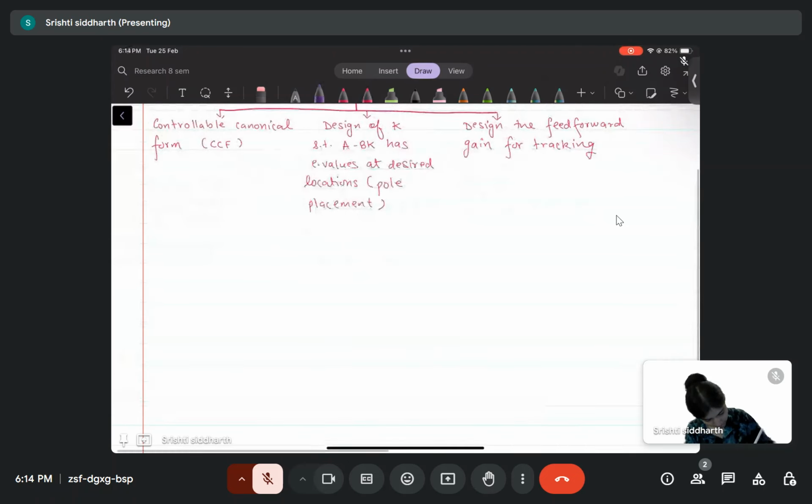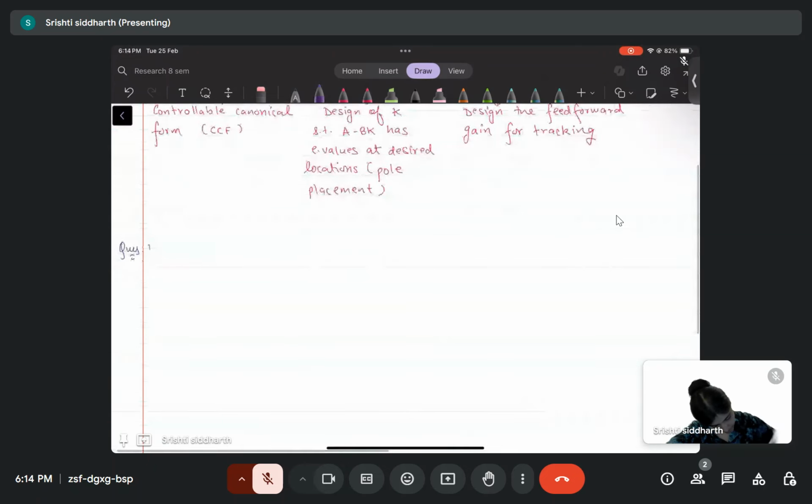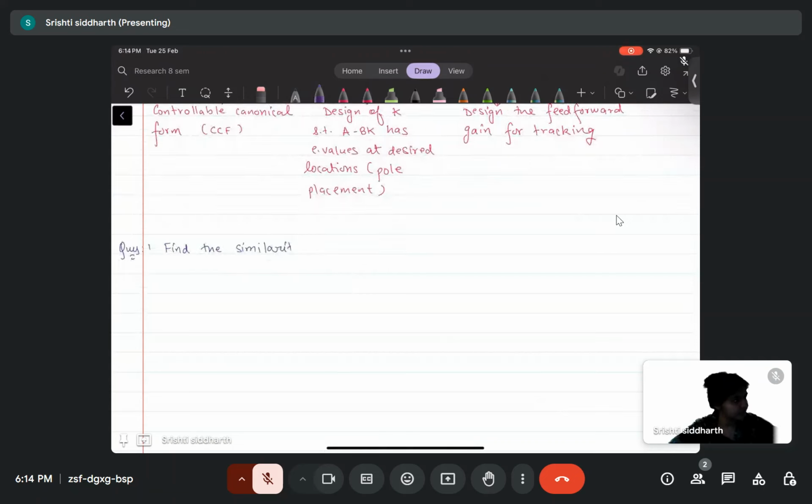Alright, so this is the first question. Find the similarity transformation that transforms the following pair into CCF.